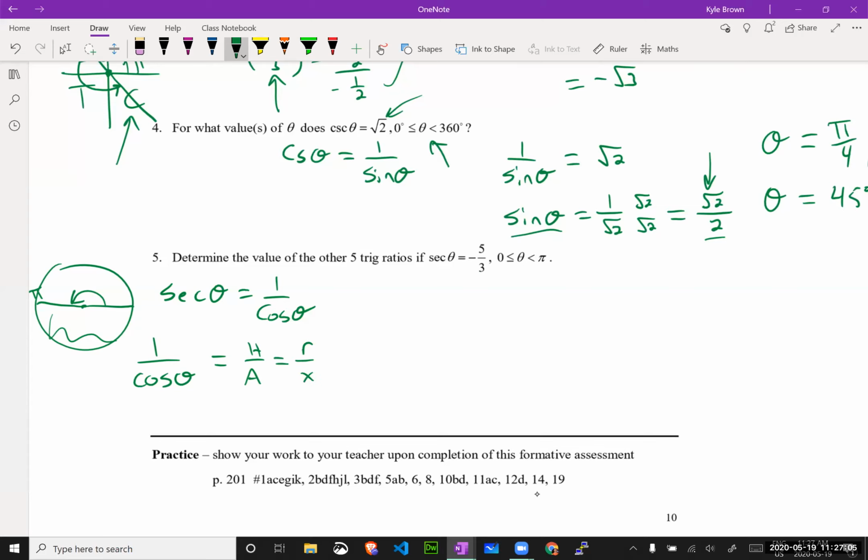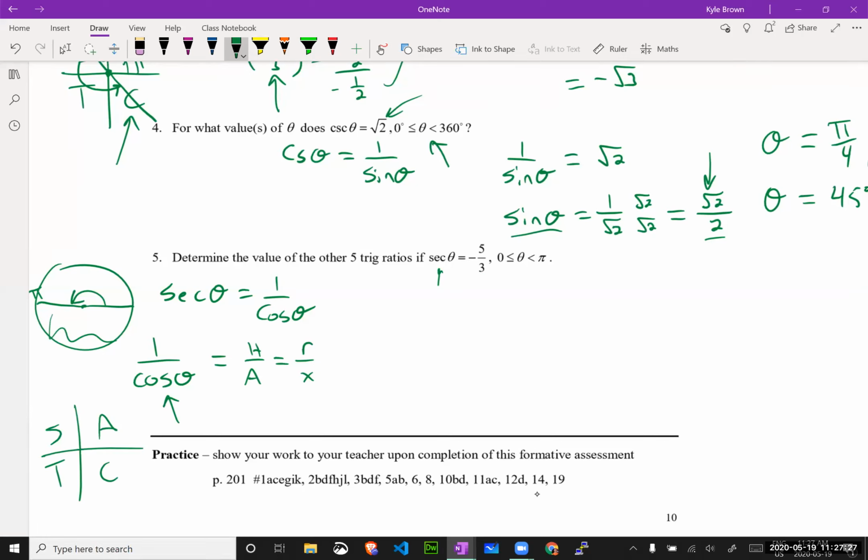And you know what I think will help here too? Let's sketch this thing out. So again, let's get our bearings, make sure we're doing this right. Say CAST. So I can say, okay, where is cosine? Because really, if secant is negative, then cos would be negative as well. So where is cos negative?